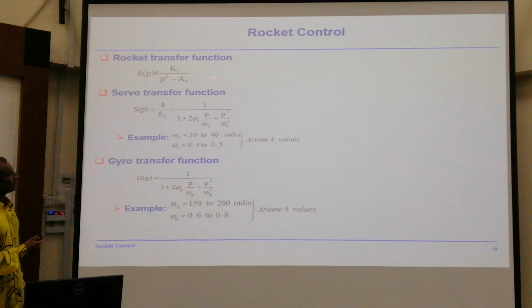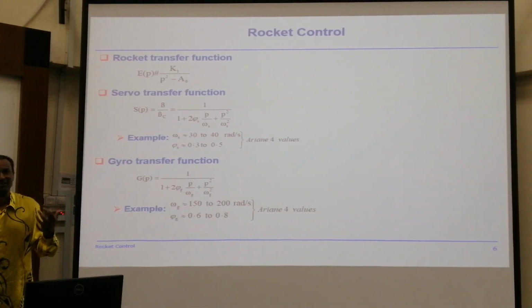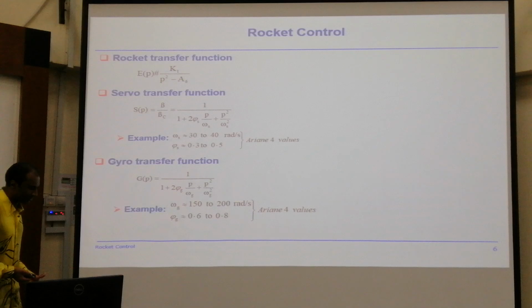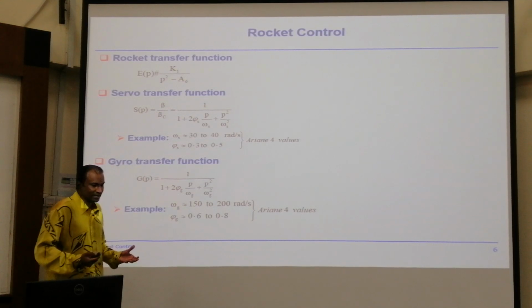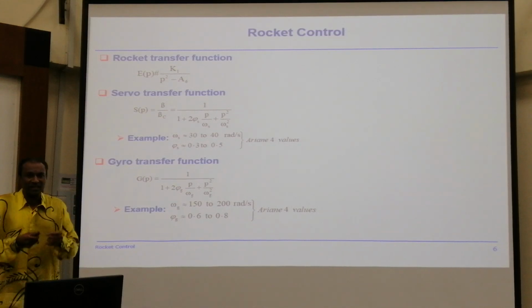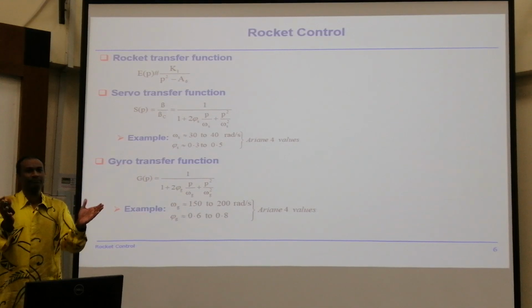If you look at the servo's transfer function, it is like a second order system. I simplify this. I didn't give you the detail, but you can model it as a second order system where this phi is actually a damping ratio, or zeta. It doesn't mean that the servo comes with a damper. No. It just means that the system is a second order system.